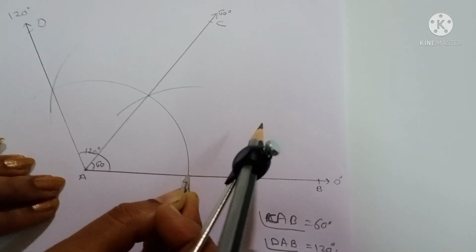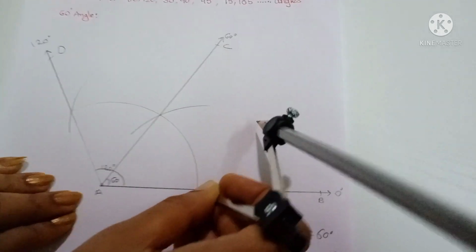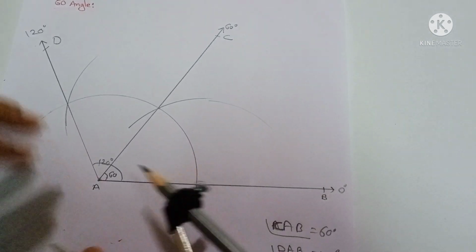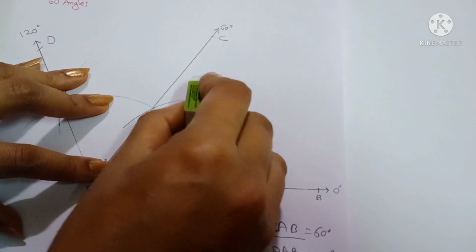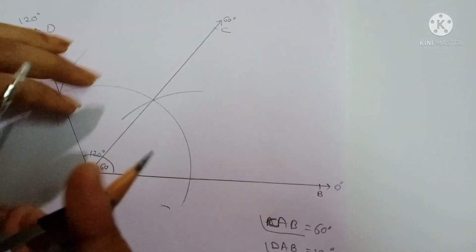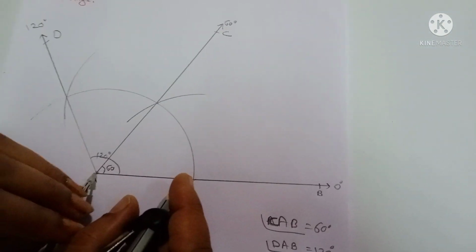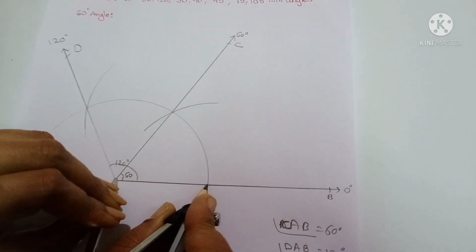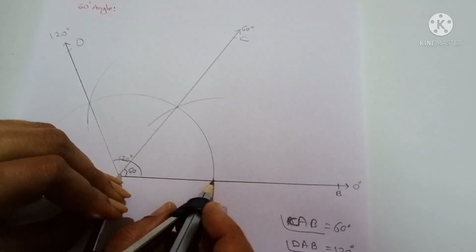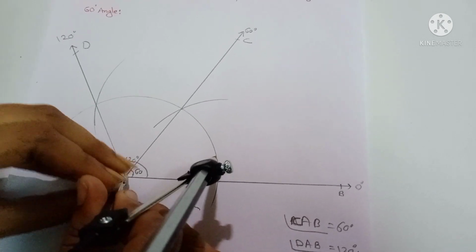Draw one arc from the center. We take the same radius. Just check it.